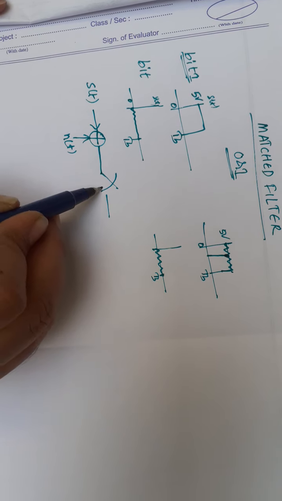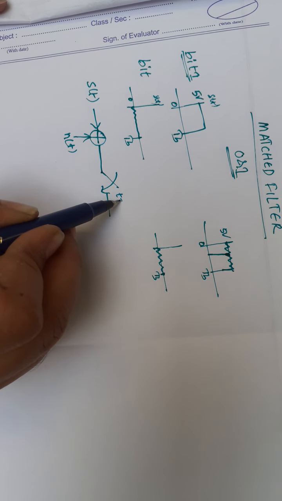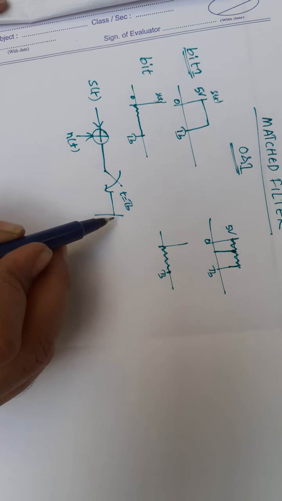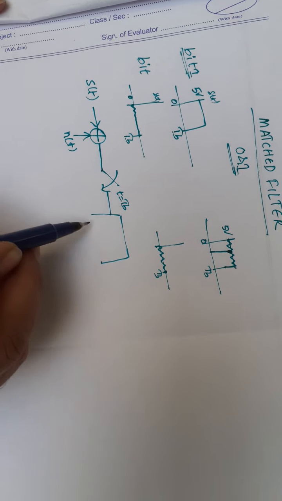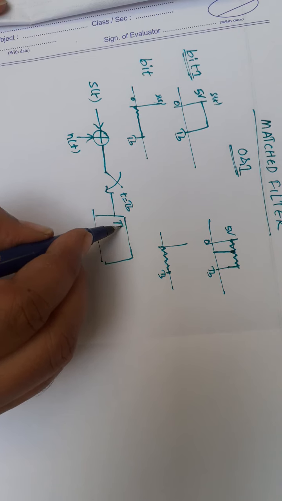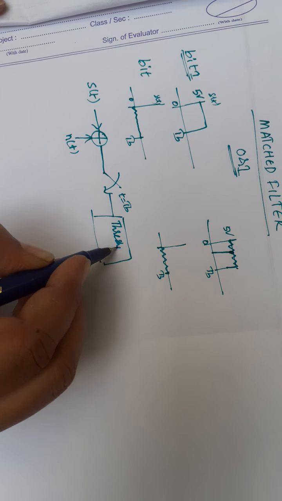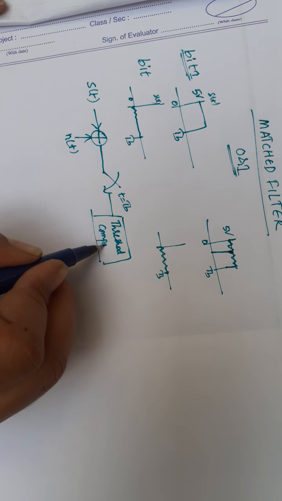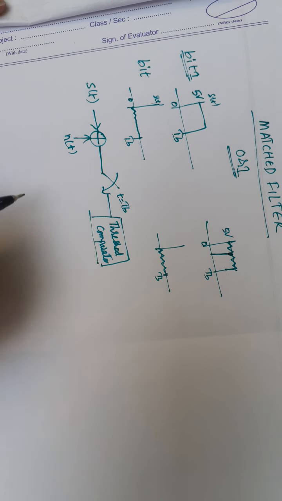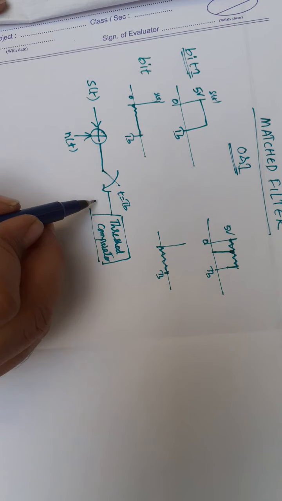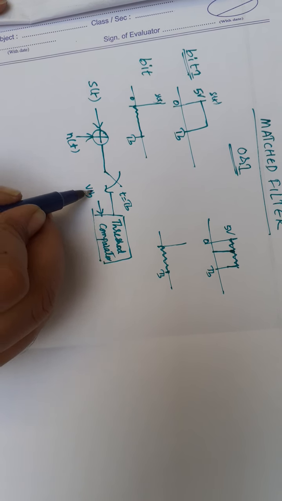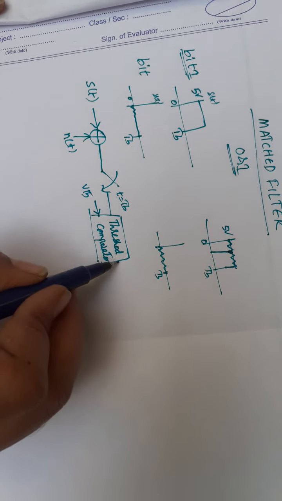Here I am taking the sample at t equal to TB, and there is a device, the threshold comparator. This threshold comparator consists of a voltage level, that is the threshold voltage V threshold.